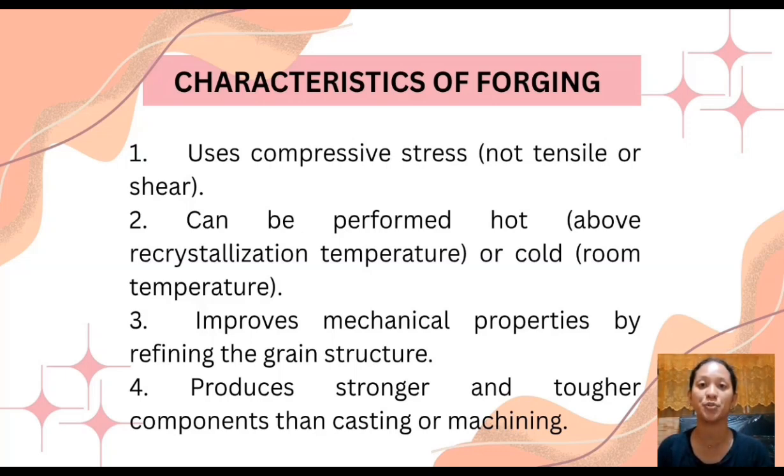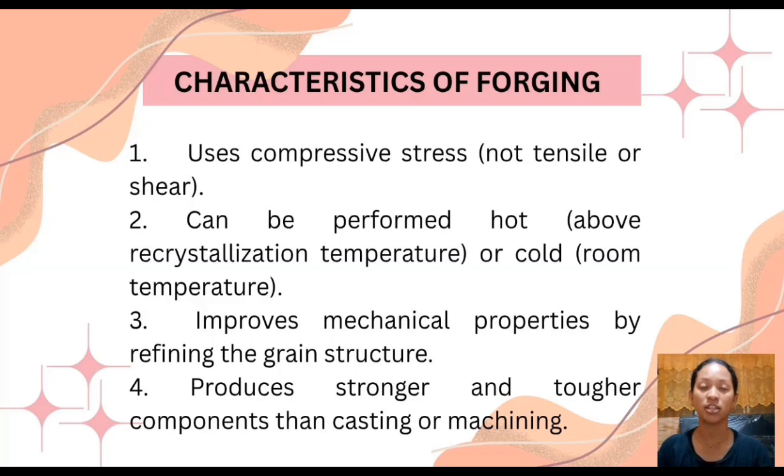It doesn't improve material properties. While in forging, it enhances strength and toughness due to grain flow and compressive shaping. That's why forged parts like crankshafts, gears, and aircraft parts are used where safety and durability are critical.